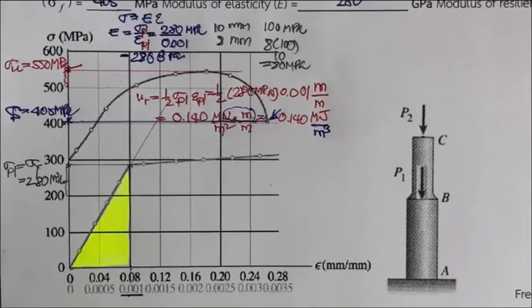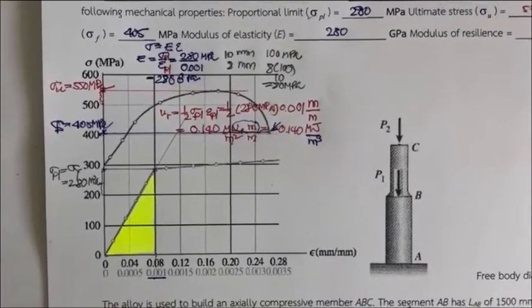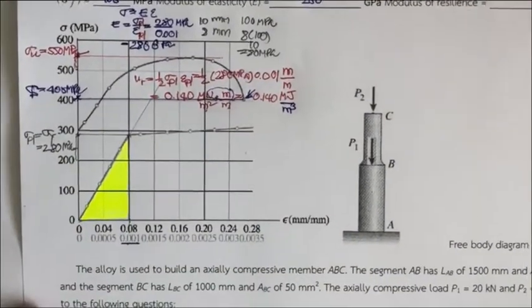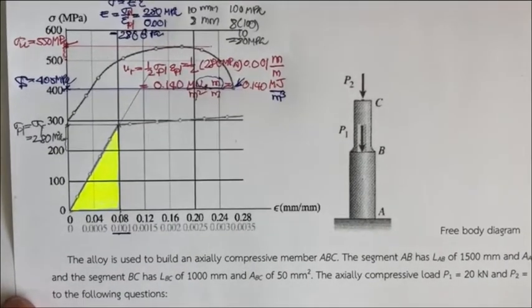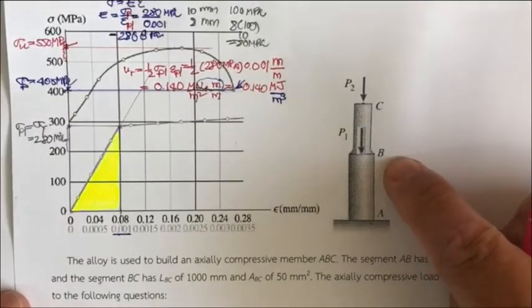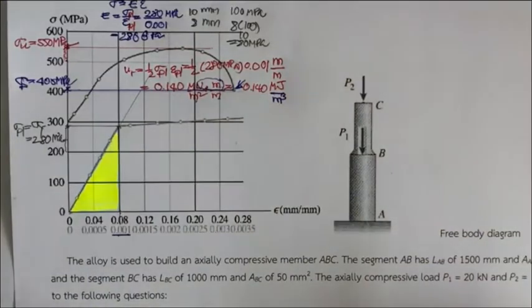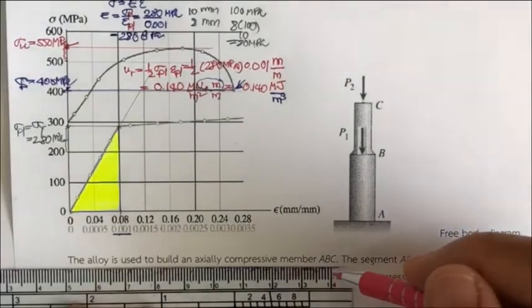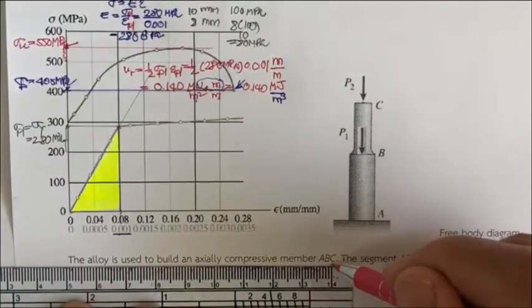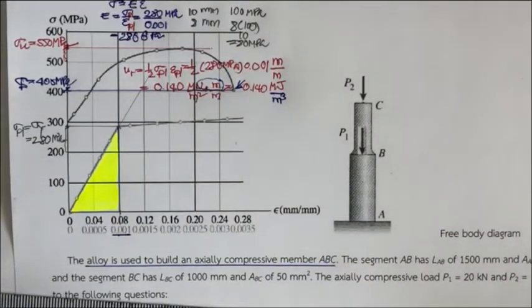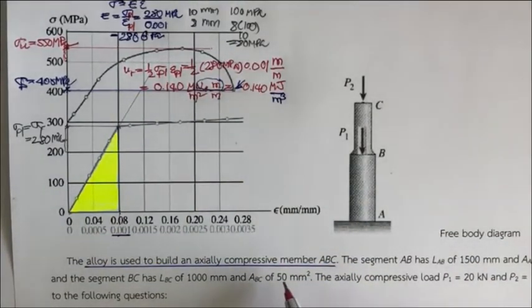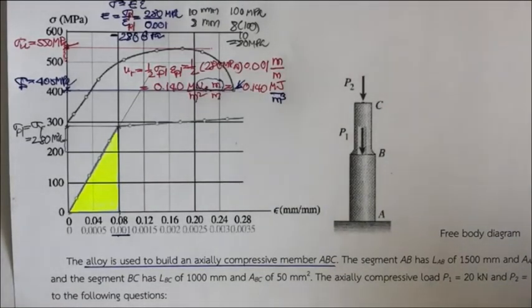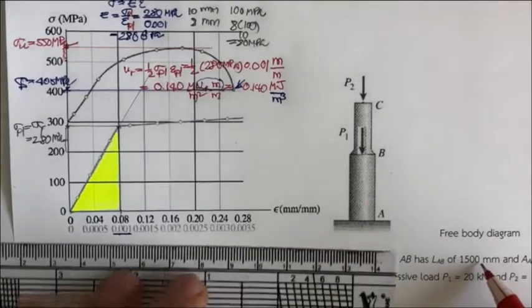And for the second part, they ask us to determine the deformation of the structure shown here. They say this alloy is used to build an axially compressive member ABC, and member AB here has a 1,500 millimeter length.